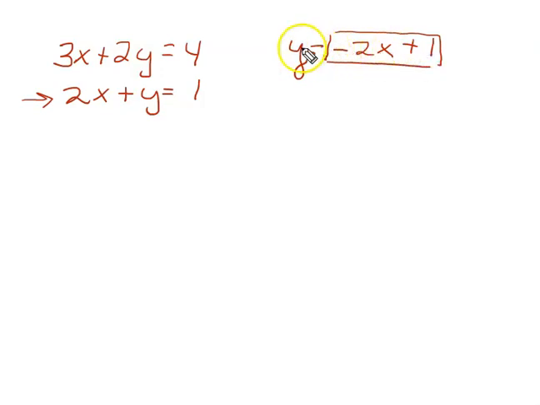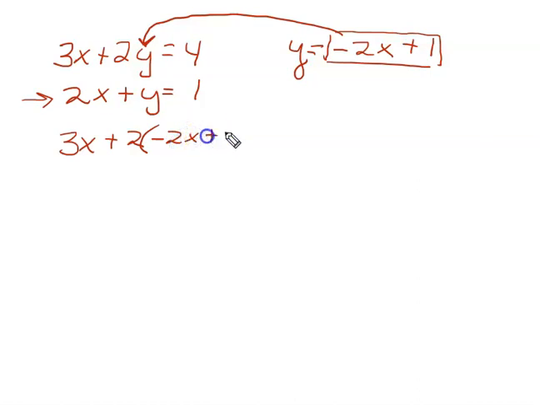We're going to take this value for y and replace it in the other equation right there. And now write this equation with only the one variable, letter x. So we get 3x plus 2. Now it was 2y, but we know that y is, in parentheses, a negative 2x plus 1. We have substituted. That's where the process gets its name from, and that equals 4.